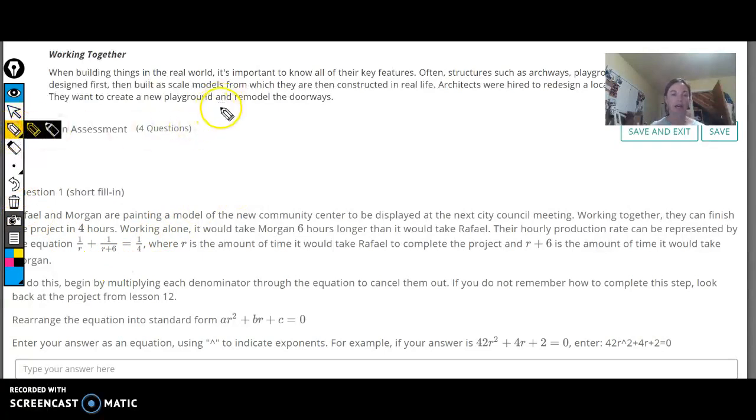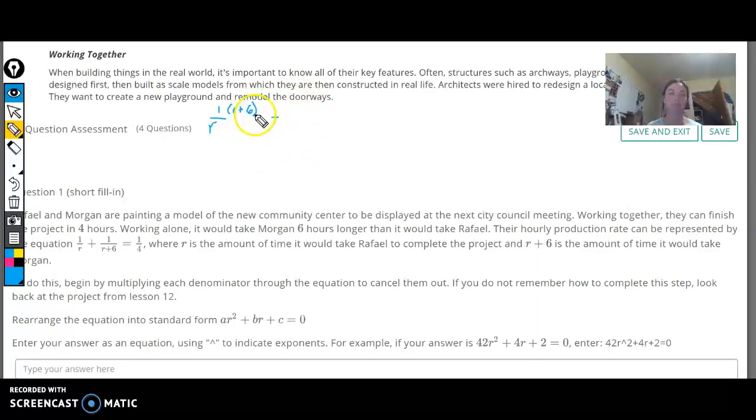So we have 1 over r, and we're going to take r plus 6. Remember, we're trying to get rid of each denominator, and the way we do that is multiplying everything through by each denominator.